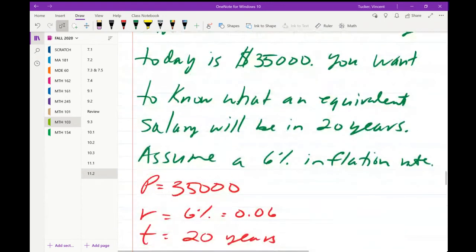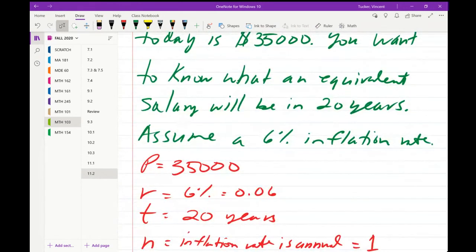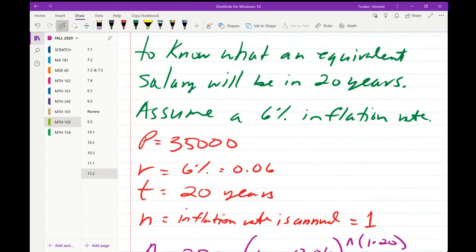All right, 35,000 is P, 6% is R, 20 years is T, and the inflation rate is annual, so that means N is going to be 1.